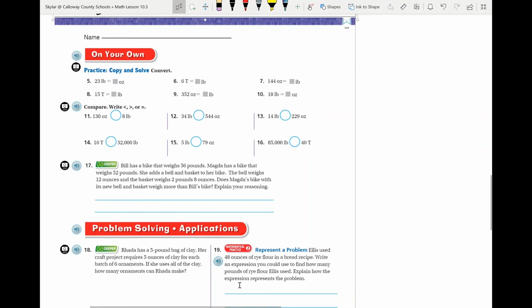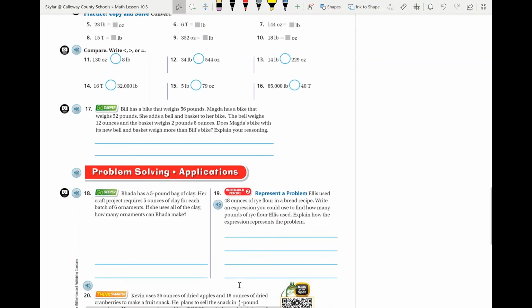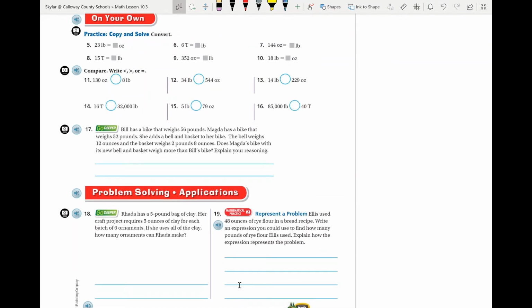All right, so go ahead. What I want for you all to do are numbers 5 through 10. I'll show you number 11, and then you can also do 12 through 16. So for number 11, again, take that bigger unit and make it a smaller unit. So we have 8 pounds.